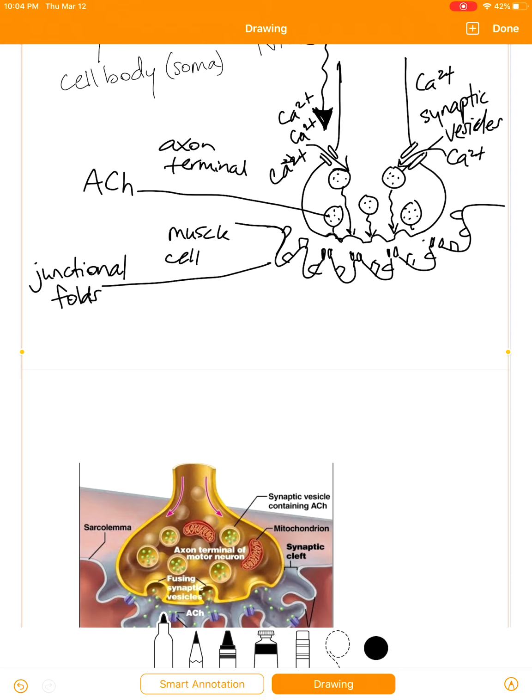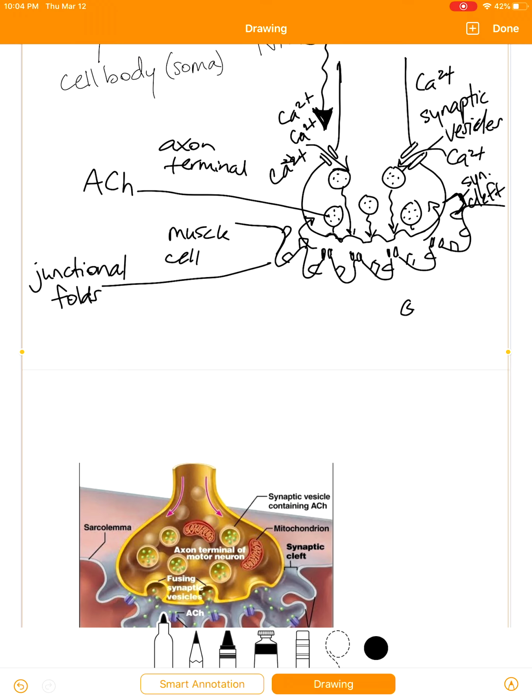One, we can take the acetylcholine back up into the axon terminal and then just recycle it and use it again later. Or two, we have enzymes called acetylcholine esterase that are like little Pac-Mans, that come in and eat up all the acetylcholine that's found within that cleft, and they digest it and remove it out of that gap, which, by the way, this little space between these two structures is called the synaptic cleft.